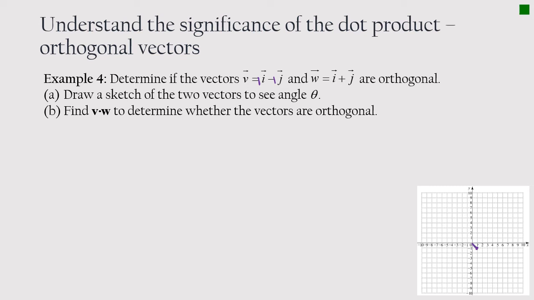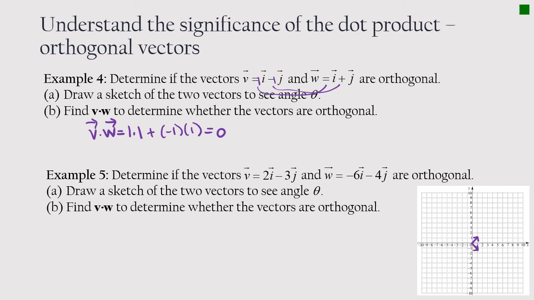There's your vector v. And vector w is going to be over 1, up 1. That looks like a 90-degree angle, or pi over 2, but let's check it. Using the dot product, I get 1 times 1 plus negative 1 times 1, which ends up giving us 0. So that checks out.